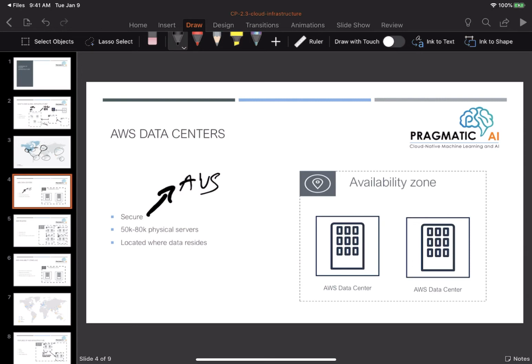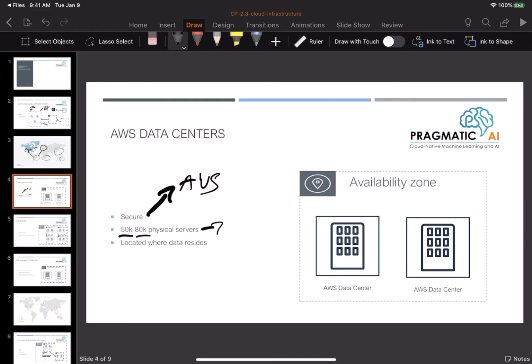This data center is also in a location where the physical data resides. And this is a big deal in places like the European Union, where they have strict privacy rules. And also, a data center typically is capped out at this 50 to 80,000 physical servers. So they do this intentionally so that there is a very limited amount of risk.